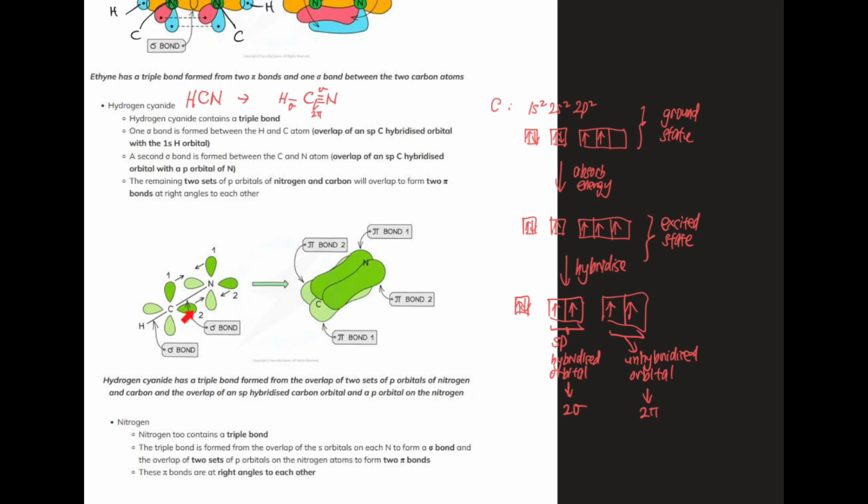They overlap. So the vertical and the vertical overlap sideways to form 1 pi bond, and then the horizontal and the horizontal overlap to form another pi bond. So 2 pi bonds. Okay, so then they overlap in that way. Okay, and then that's all. Settle for hydrogen cyanide.